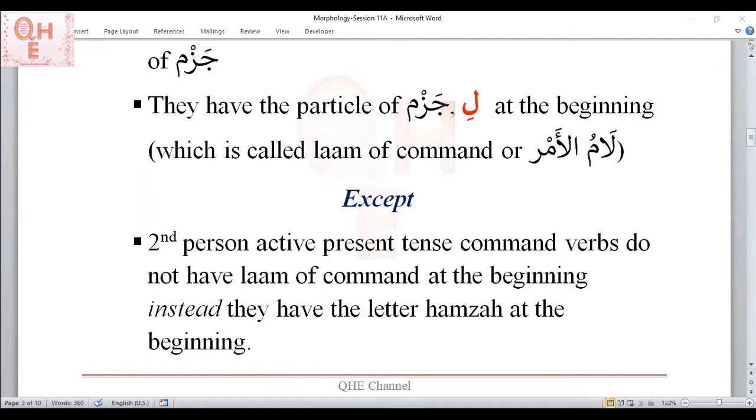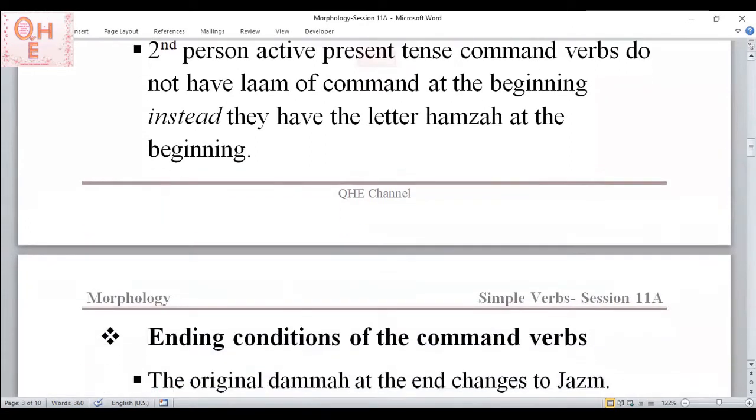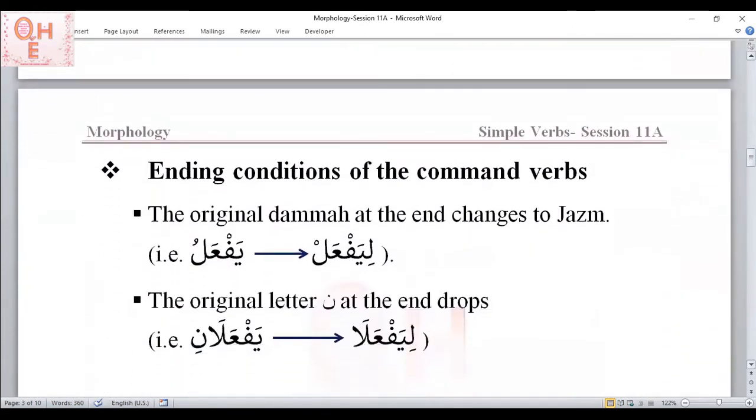Now let's look into the ending conditions of the verbs when the Lam kasra comes at the beginning. So if originally the verb is yaf'alu, for example, then when Lam kasra li, the Lam of Amr, comes at the beginning, the Dhamma changes to Jazm. So yaf'alu becomes liyaf'al.